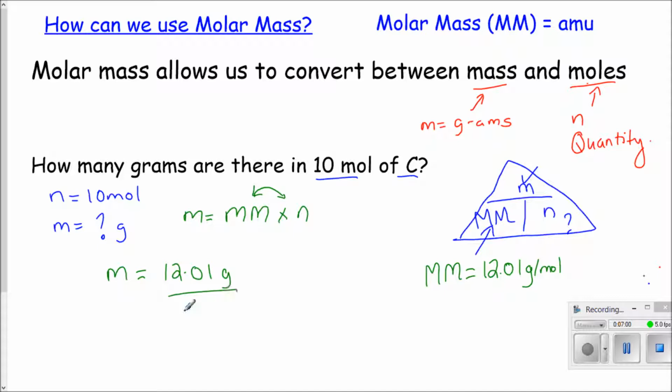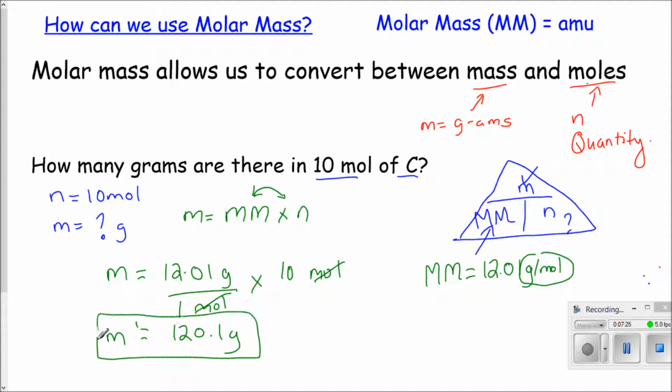I'm going to put that over 1 mole. That's the same as writing this unit like this. And we multiply by 10, and the answer is 120.1 grams. So if 1 mole weighs 12 grams, it makes sense that 10 moles is going to weigh 10 times as much. But take a look, guys. I have my moles canceling out. Unit cancellation works. I know I did it correct. This is my final mass.